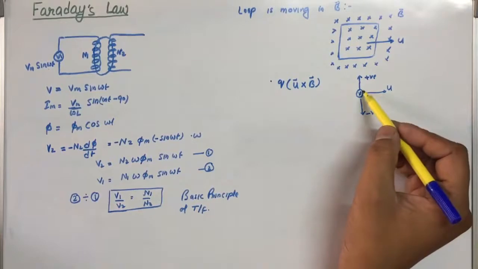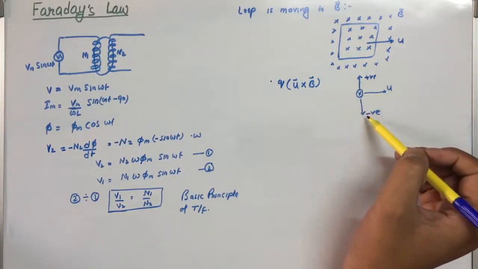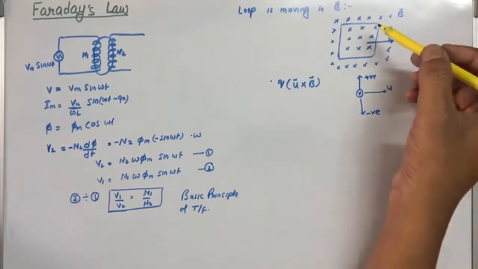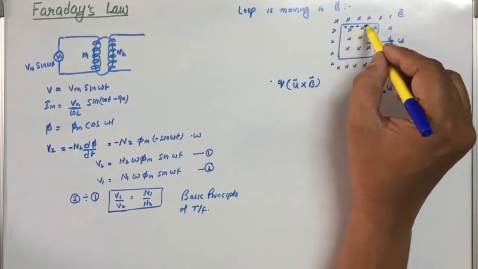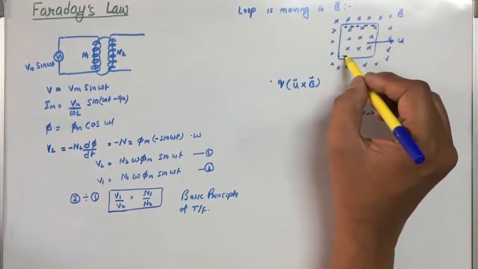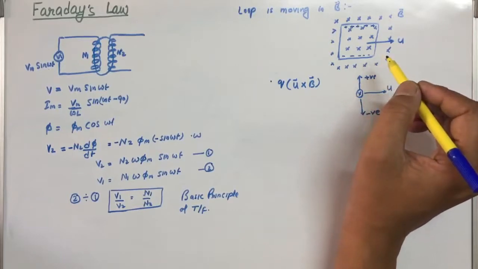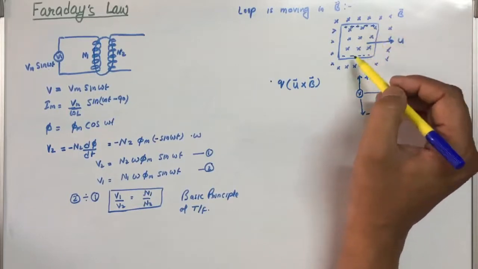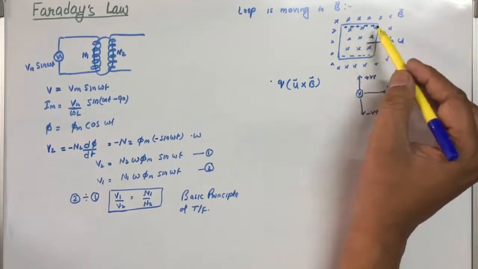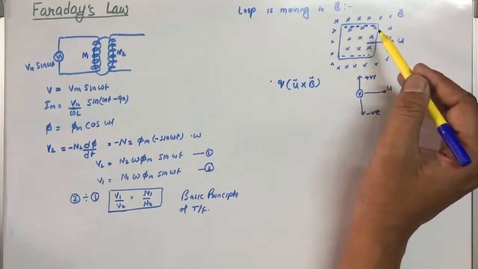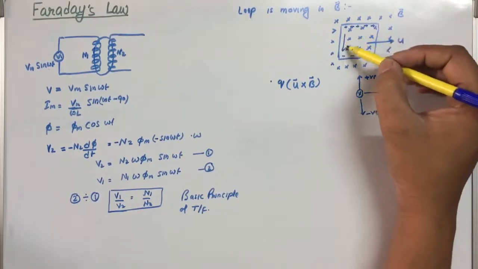As the positive charge experiences force upward, the positive charge will accumulate here and the negative charge will start accumulating here. If positive and negative charge accumulate in this fashion, then an electric field will be created from positive to negative.